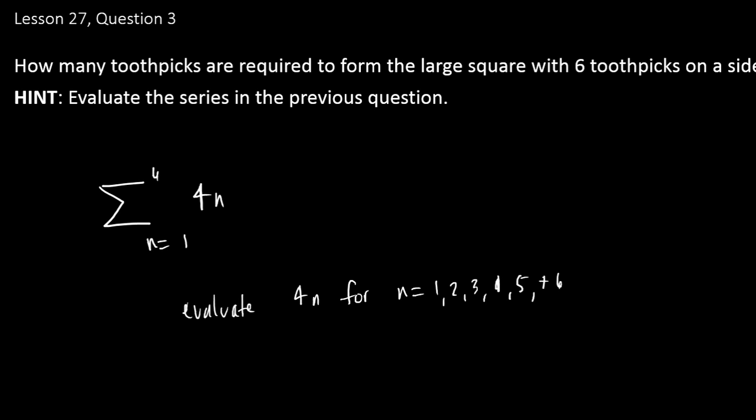Make sure you understand what you're doing, and take your total or your answer for this, and once you evaluate the series, you will know the number of toothpicks on this 6 by 6 square.